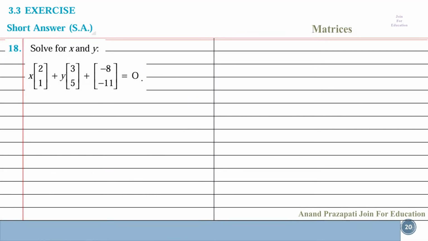Let's see question number 18. Solve for x and y. Each element of this one multiplied by x, then we get here 2x and x.